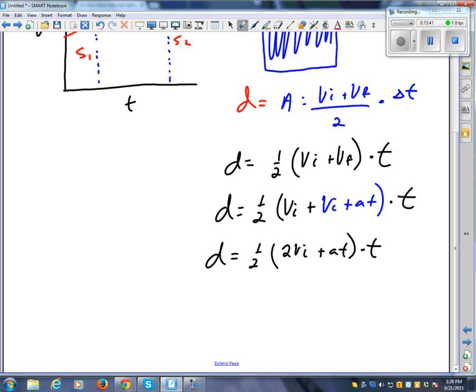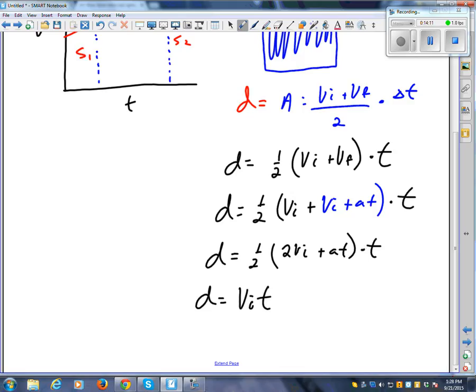Okay? And now I'm going to multiply it all together, and I'm trying to not go too fast so that you can get it all down. It's going to be 1/2 times this times the t. So 1/2 times 2VI is 1VI, but that's also multiplied by t, so I get VIT.